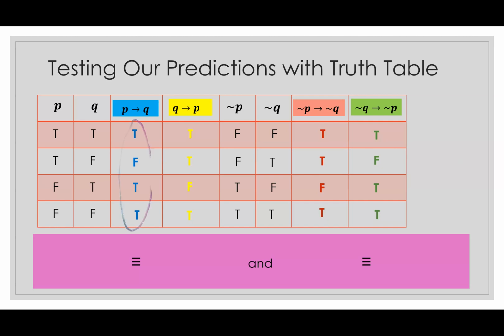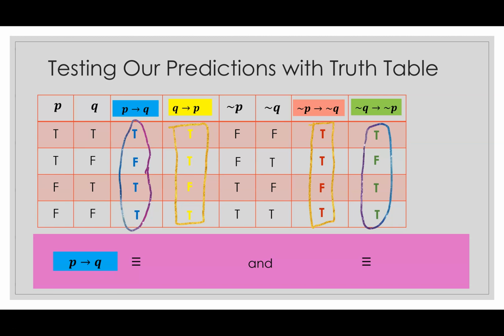So as we can see, the original conditional statement, if P then Q, is equivalent to if not Q, then not P. So switch the order and negate both. Okay, and then the yellow and the red are equivalent. Again, switch the order and negate both. So again, let's summarize what we saw. Blue is equivalent to green, and yellow is equivalent to red.